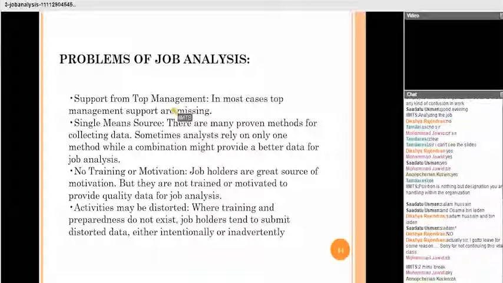That means there should not be any confusion while carrying out the job role between two employees. That is why job description documents are prepared, that is why job analysis is carried out, and that is why surveys are conducted. This is the reason why job analysis is important.